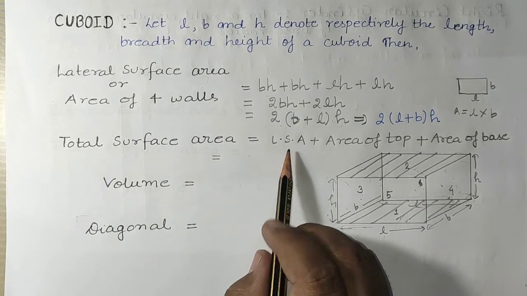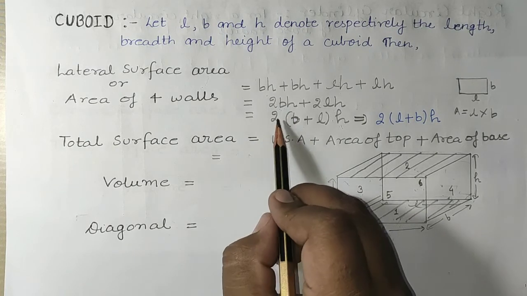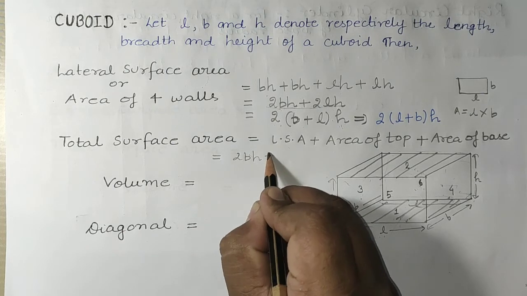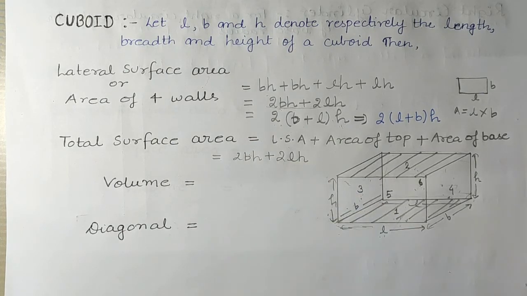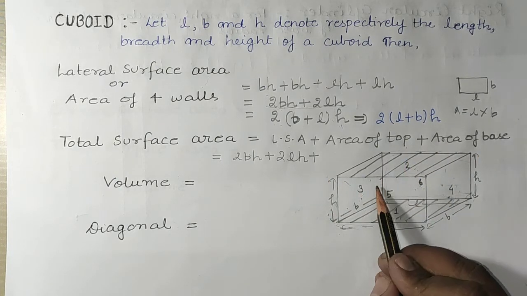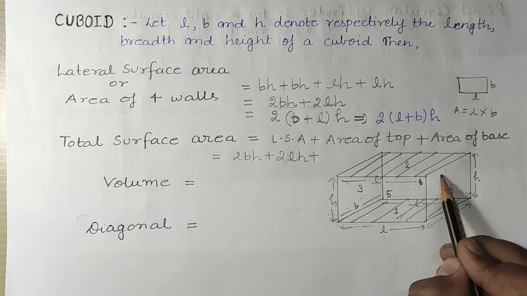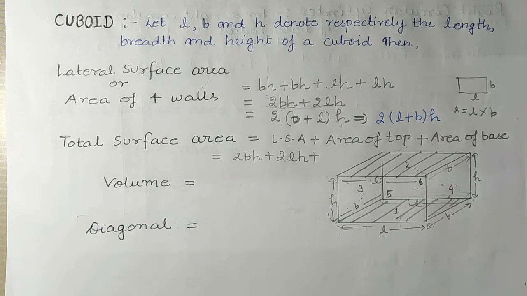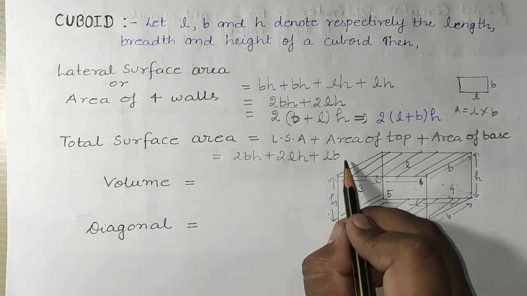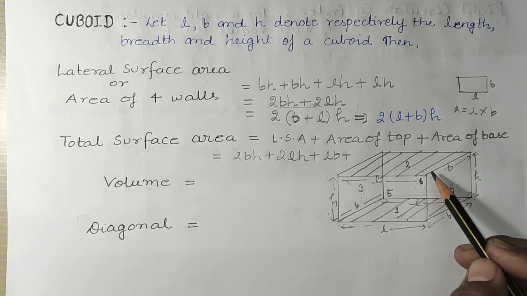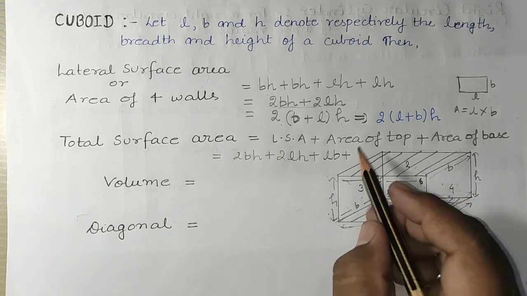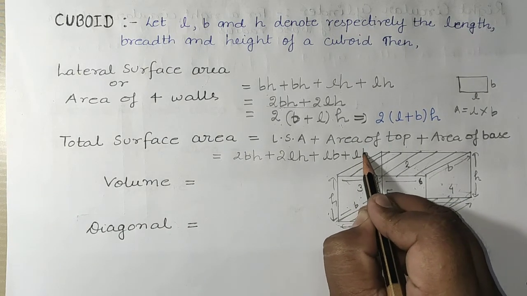See, lateral surface area is what? Here I am writing this one: 2BH plus 2LH. This is lateral surface area. Area of top will be what? This is length and this is your breadth. So it will be LB, and since the top and bottom are just opposite to each other, the area of bottom is also LB.